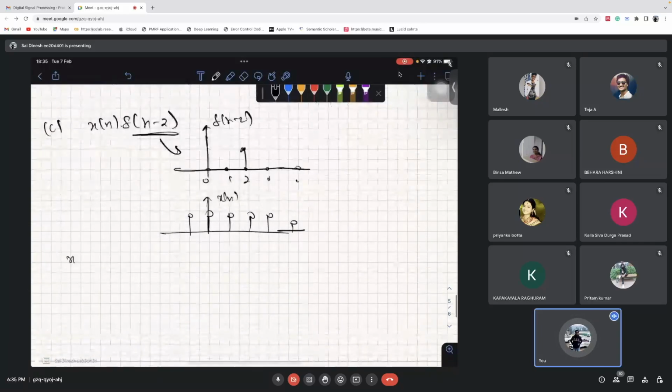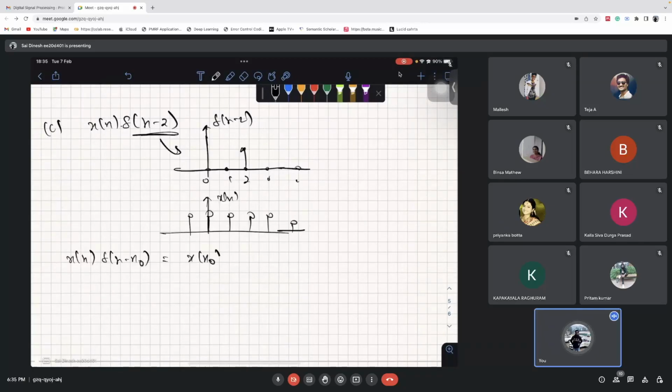What it means is x of n into delta of n minus n naught is equal to x of n naught into delta of n minus n naught. So this is very important. This is not equal to x of n naught. Let y of n be x of n naught into delta of n minus n naught.